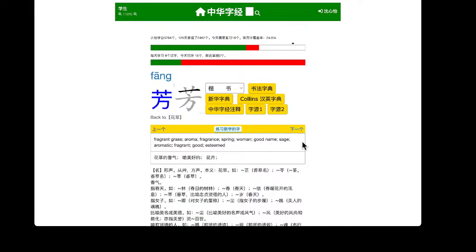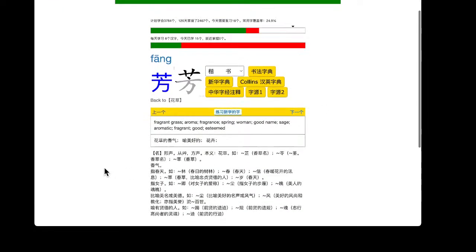Next one. Fang. Fang is pretty much the same thing. It's also referred to fragrant grass, aroma, fragrance. Now, because flowers often bloom in spring, sometimes they use this character to refer to spring.